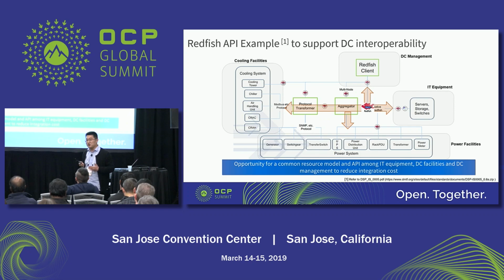Redfish is trying to establish one common resource model and common resource API to make sure the power and cooling facility at the data center wide can talk to the power and cooling unit in the IT equipment.